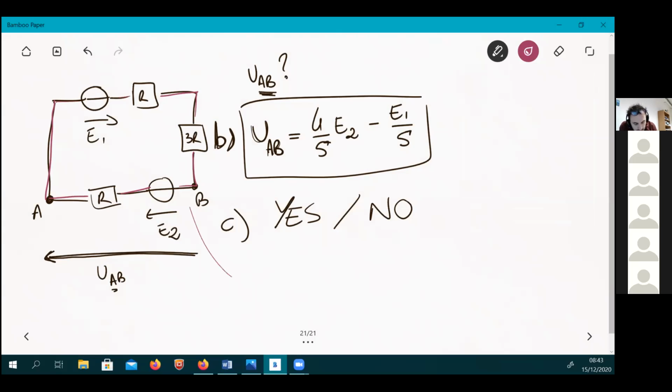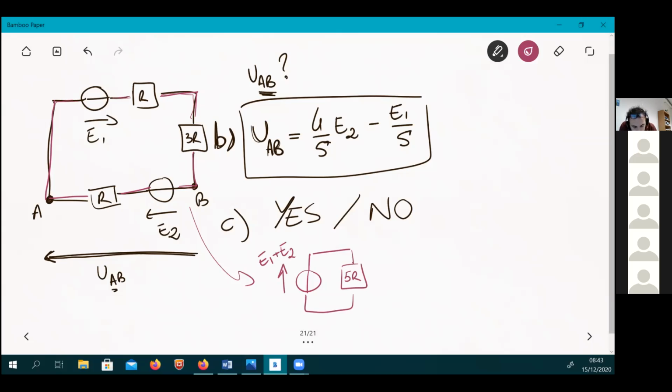So this result here is equivalent to actually this. Do you agree? You're in a single mesh, so you can slide the components along your wires. You see that the two voltage sources are in the same direction, so you can add them.